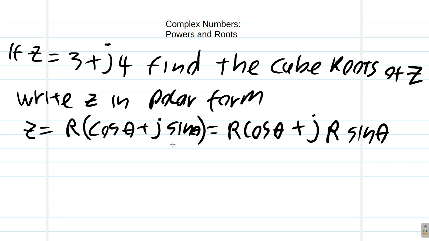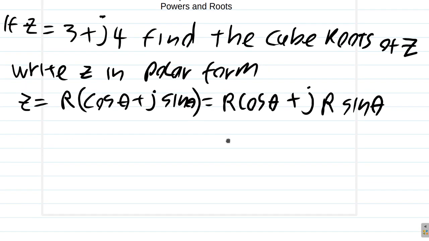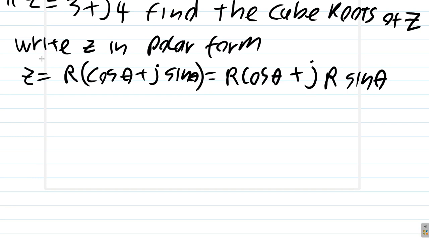So you should remember your polar and rectangular form. Just a quick review. If you have r, you have x and you have y. This is theta, and this is a right angle.